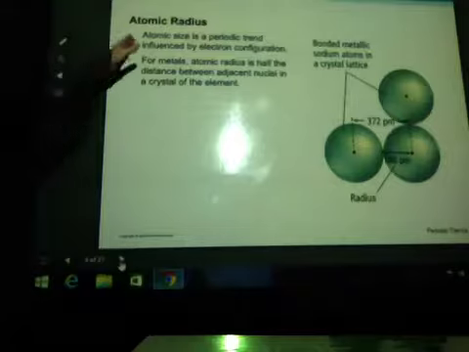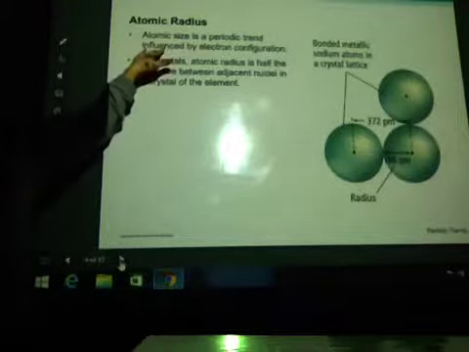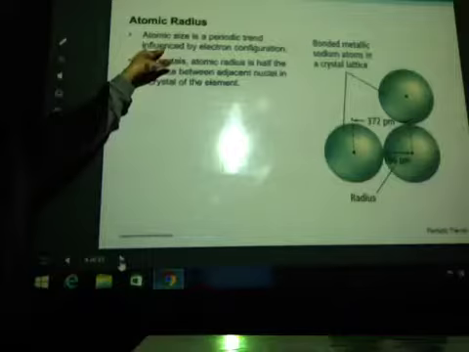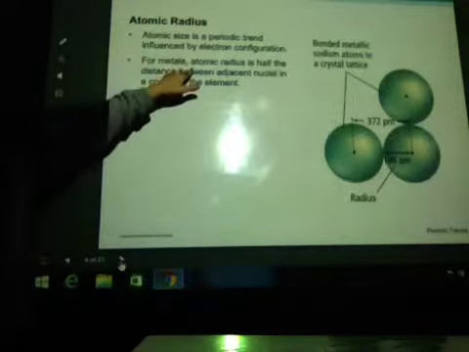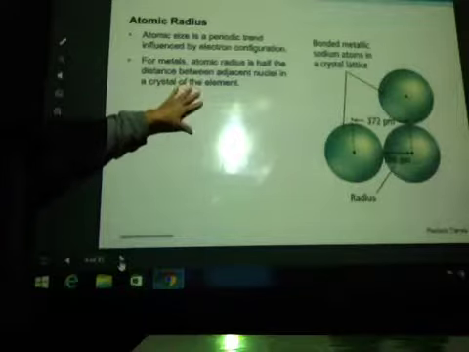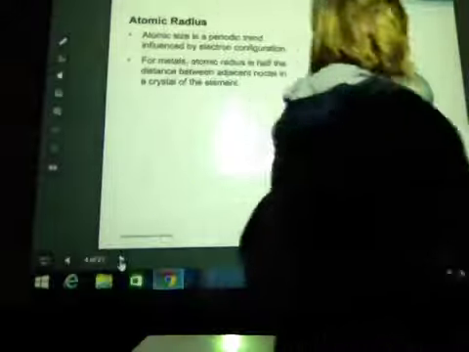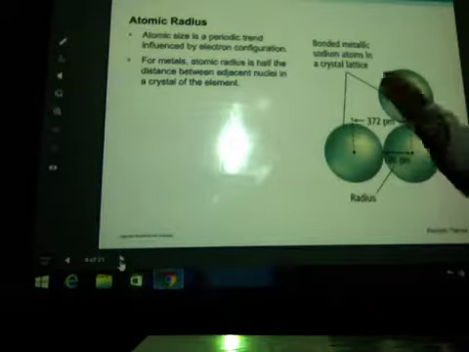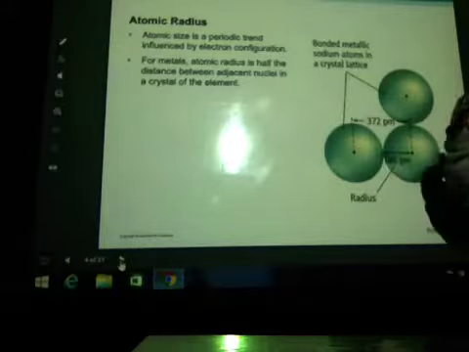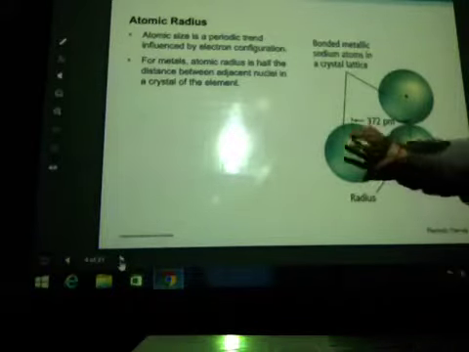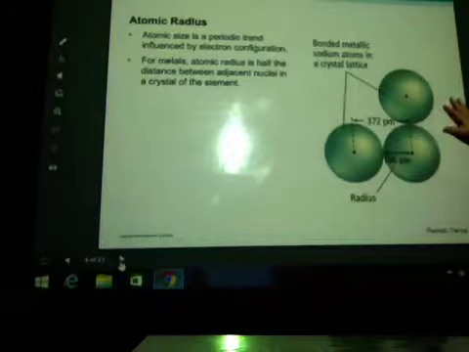So atomic size is a periodic trend that is influenced by electron configuration, which we've spent a lot of time on. For metals, the atomic radius is half the distance between adjacent nuclei in a crystal of an element. So pretend this is metal, pretend it's silver. If I have a silver plate, I have all these different atoms of silver that are very close together.